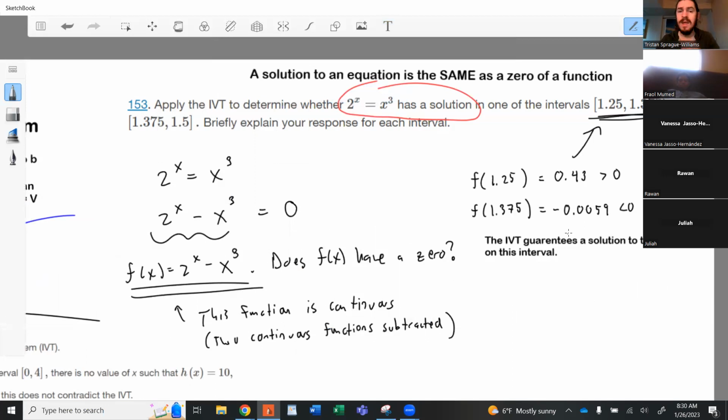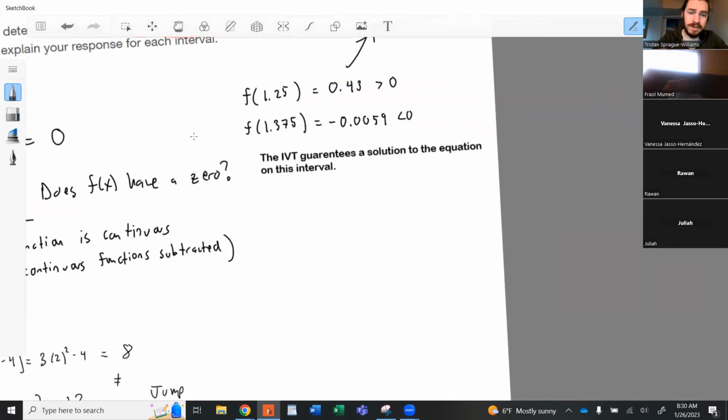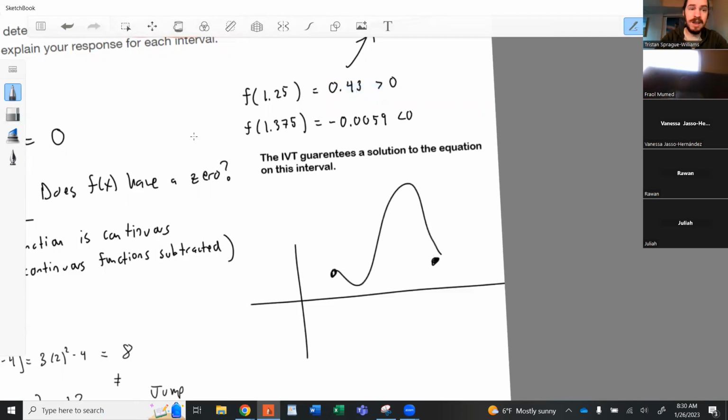And then, so that's that interval. And then you can check the same thing on the other interval. Now, if the intermediate value theorem doesn't guarantee it, that doesn't necessarily mean there isn't an x-intercept, because say you get positive on both sides. It could be that your function is positive here and it's positive here, and it just does some other thing and never hits the x-axis.